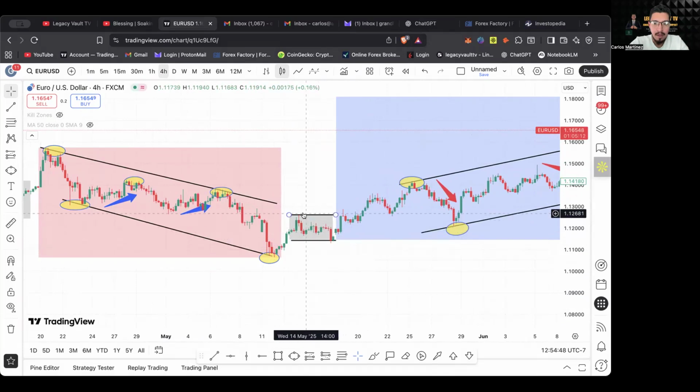Now here we see a slight consolidation between a downtrend and an uptrend. Typically, when the market changes direction, there is a consolidation. In the midst of that, there's a slight consolidation phase before a break of structure, either to the upside or to the downside.